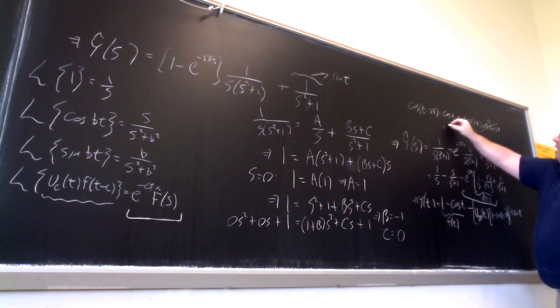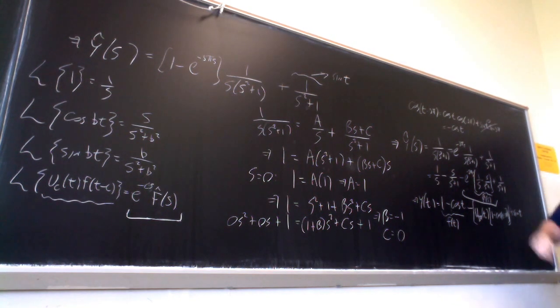Cosine of 3 pi is minus 1, so you get minus cosine t. You don't have to do it on a test, I'm just pointing it out. This could come in handy if you're trying to match your answer against the one in the back of the book on a homework problem, because they always manage to put the answer in some form that you would never get in a million years.